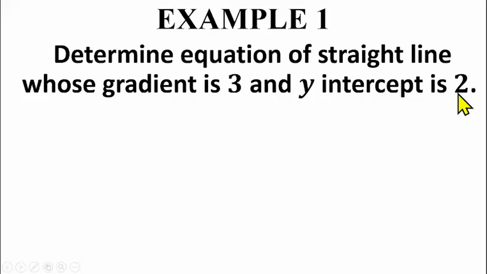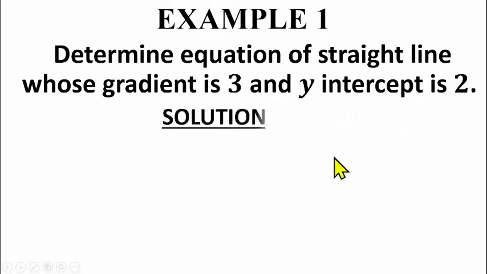How do we do that? It's very simple. Don't forget that the equation you are looking for is a linear equation. So it's going to take the format of the general equation of a straight line, which is y equals mx plus c.